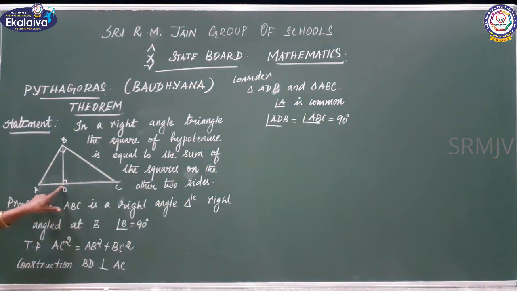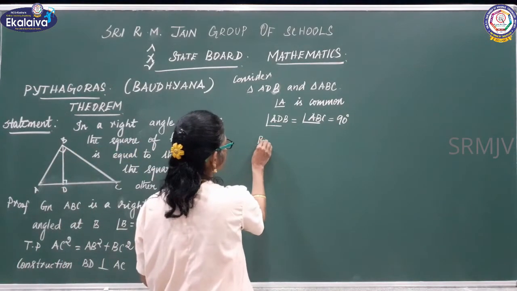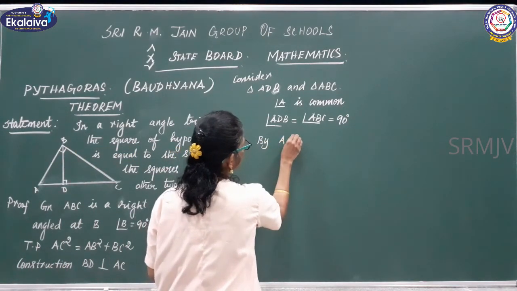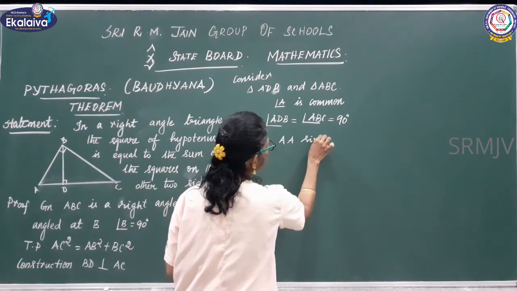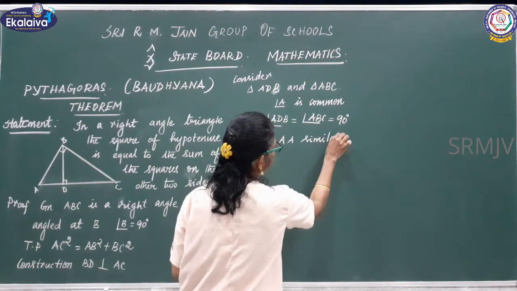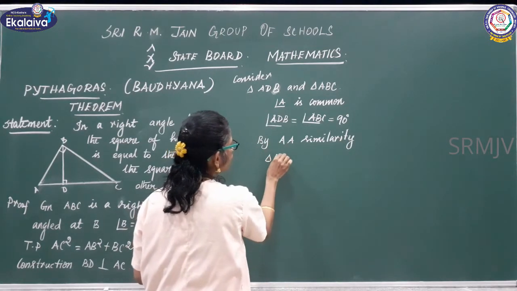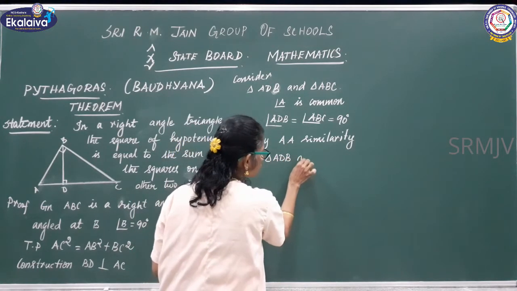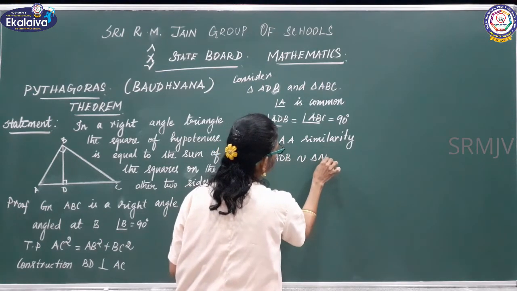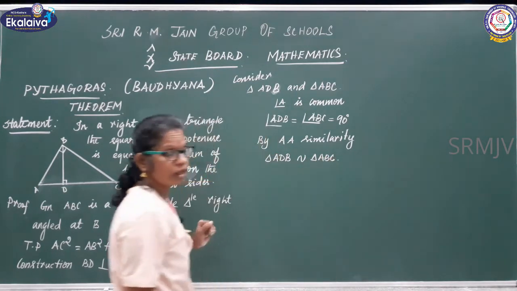ADB, that is D is perpendicular, we said BD is perpendicular to AC, that's why angle D equal to 90 degree. Here already it is given as angle B equal to 90 degree. By AA similarity, triangle ADB similar to triangle ABC, right?